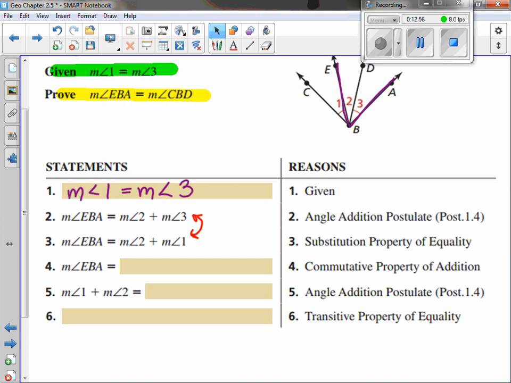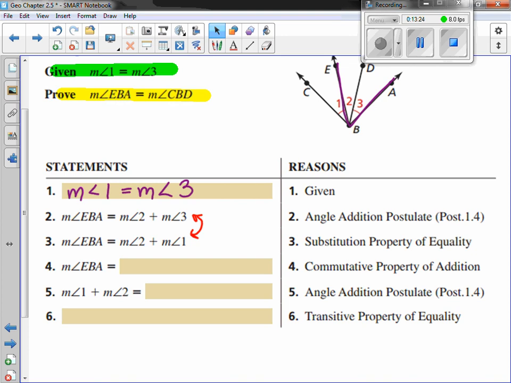Commutative property of addition is pretty much saying that we can add two things in any order.